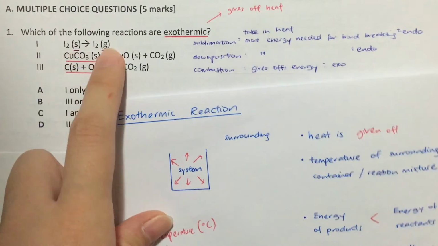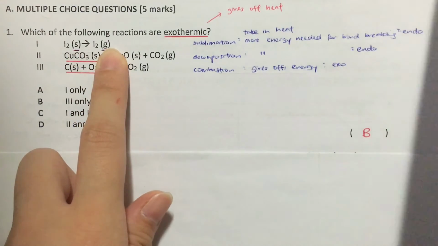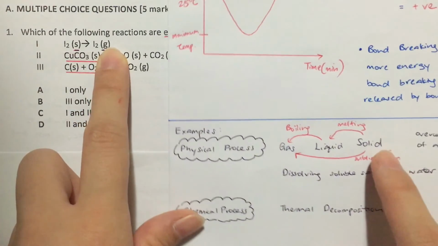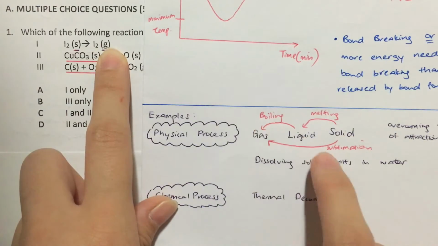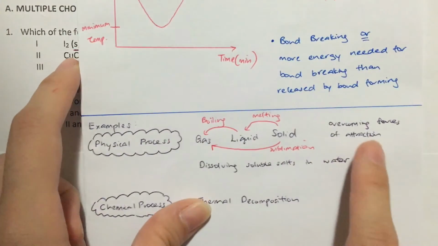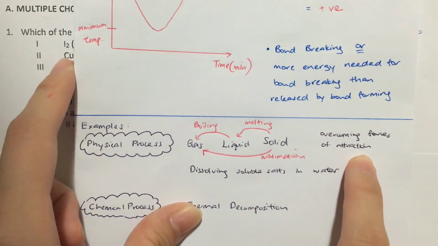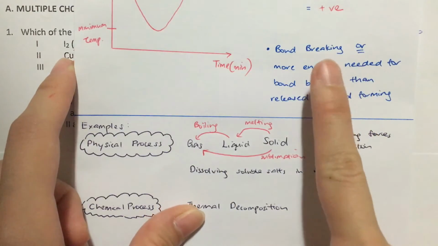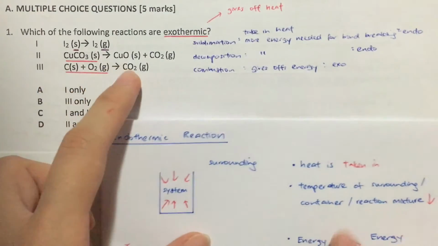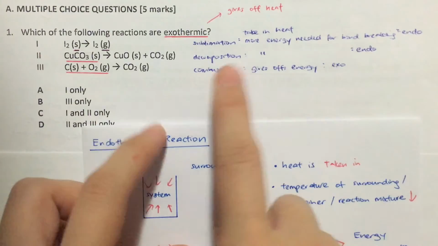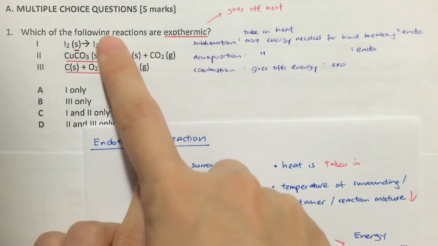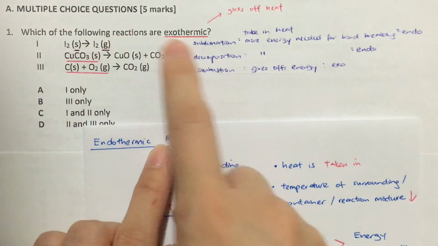So if it's solid to gas, what's happening here is our solid is moving to gas, sublimation. They are trying to overcome the force of attraction, which means it's similar to bond breaking. Therefore, it is endothermic. So I will write this down, sublimation, because of the state symbol, solid to gas.